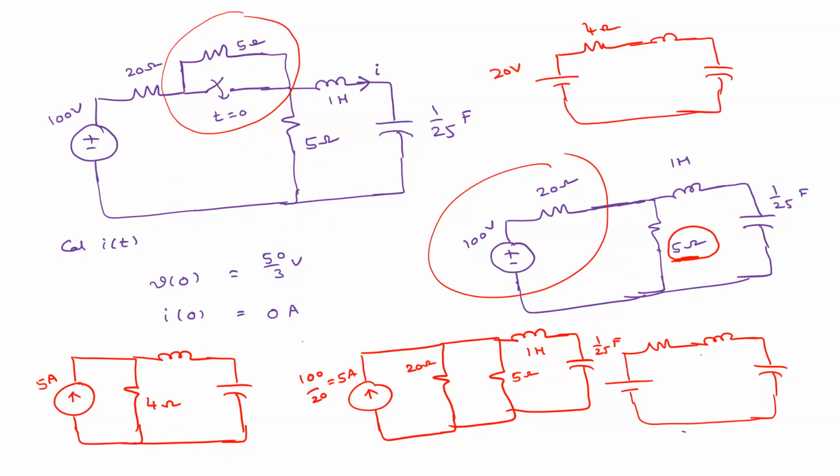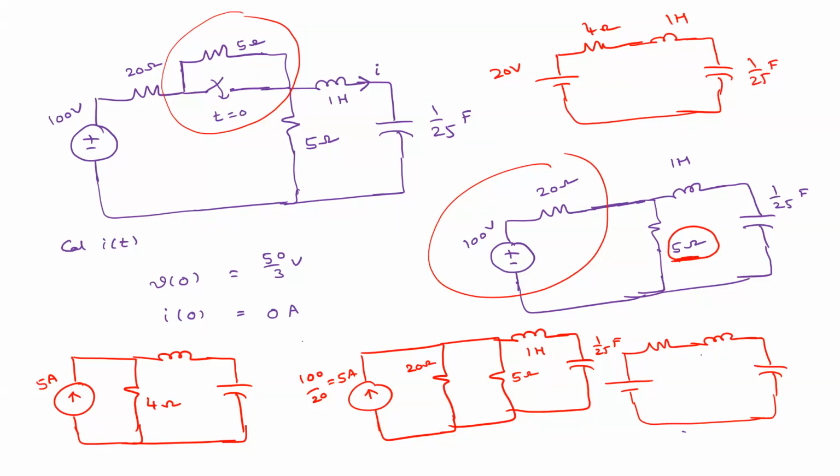So this is the overall circuit, right? This is 4 ohm. This is 1 Henry here, and this capacitor is 1 by 25 farad. Now we can do this, right?